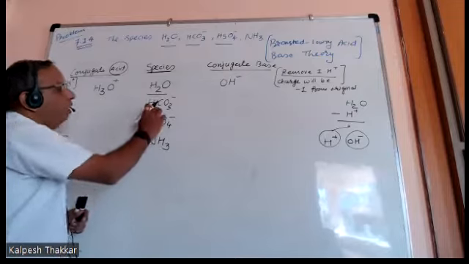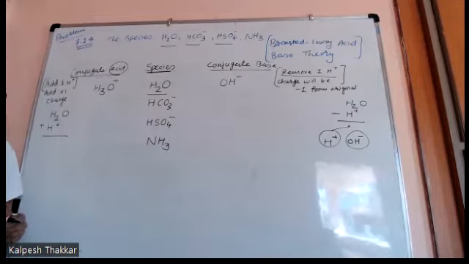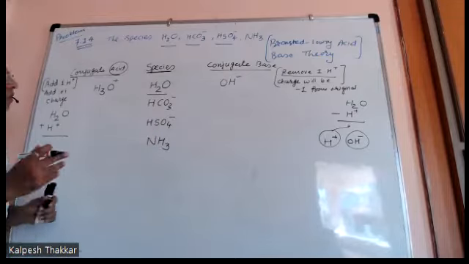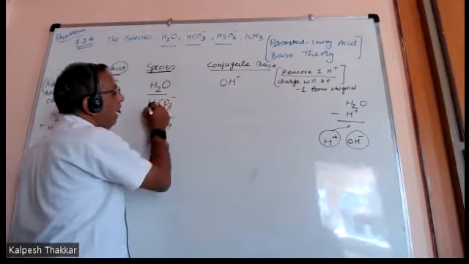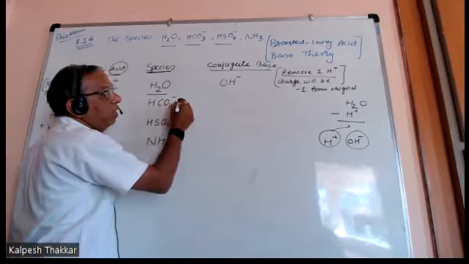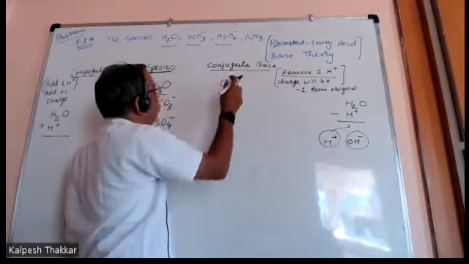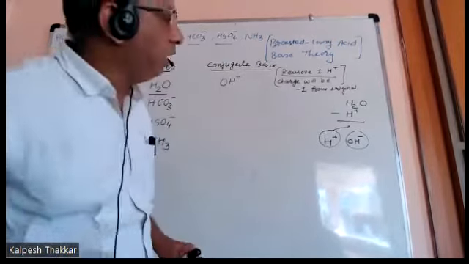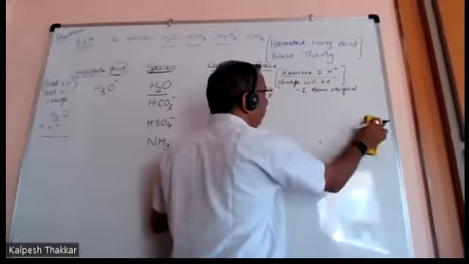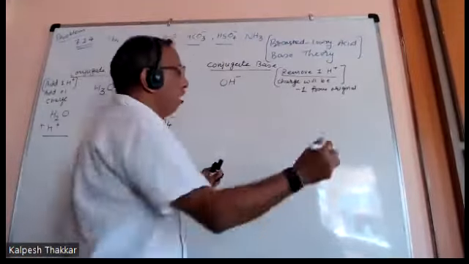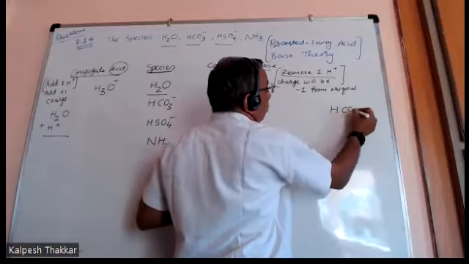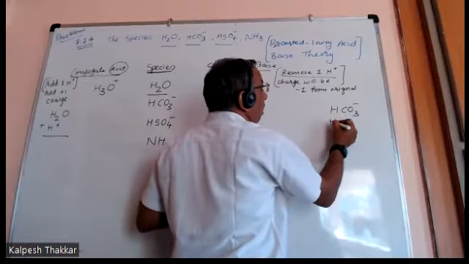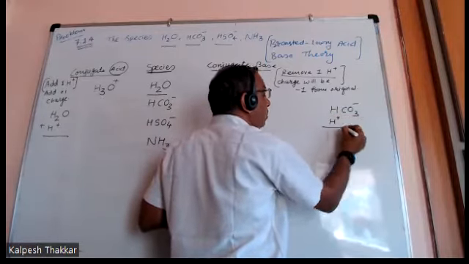Now friends, similarly, let's go for HCO3 minus. Once again, our task is similar. HCO3 minus is there. To make its conjugate base, we have to remove H plus. So look here, we have HCO3 minus, and H plus is to be removed.